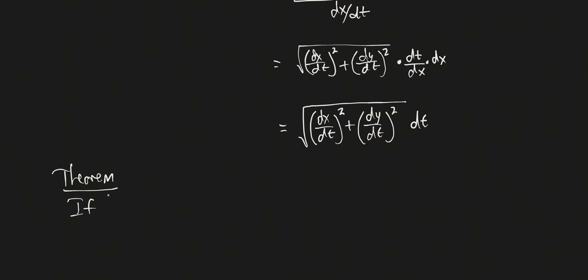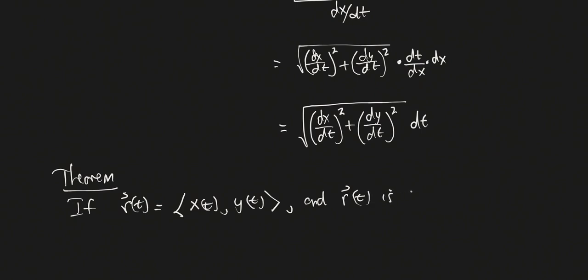So now I'm going to state everything in vector form. So if r of t is now given by x of t, y of t, right? So if I now have it in this vector form where my x component is a function of t, and my y component is a function of t, and let's say r of t is smooth, and again, we know what that means, right?